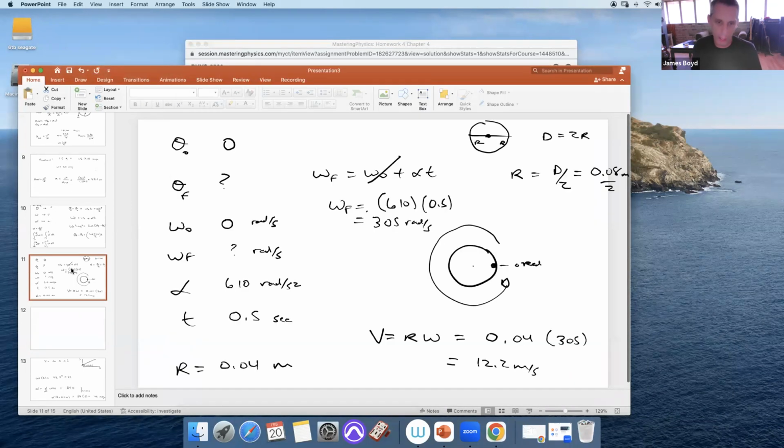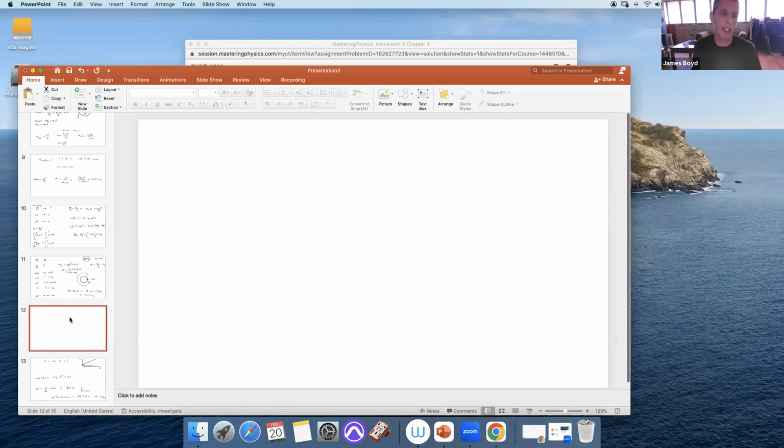All right. Then we want to know how many revolutions it has turned. So in the first half second, we need to find theta final. Assuming that theta initial is 0, theta final is unknown, omega initial was 0, alpha was 610 rad per second squared, and t was 0.5 seconds.